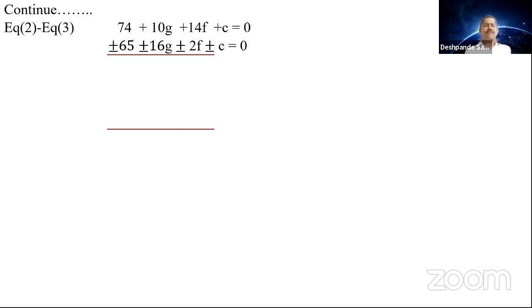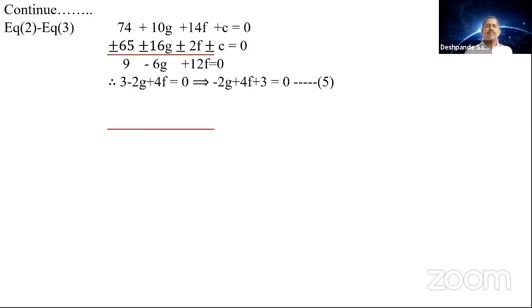So 74 minus 65 is 9. 10 minus 16 is minus 6. 14 minus 2 is 12 and c will cancel off. So we get 9 minus 6g plus 12f is equal to 0.